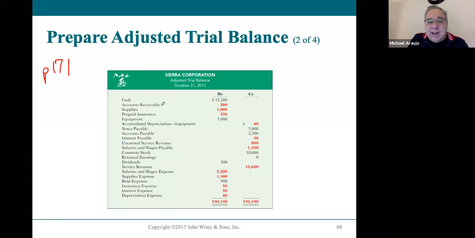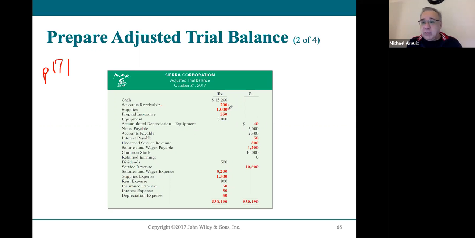You know why accounts receivable is adjusted by $200? Because we also had to record that revenue. Accounts receivable and service revenue are part of the adjustment that we learned in objective 3, accrued revenue. You know why supplies has a new balance of $1,000?